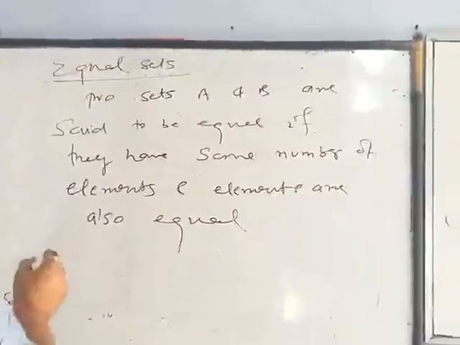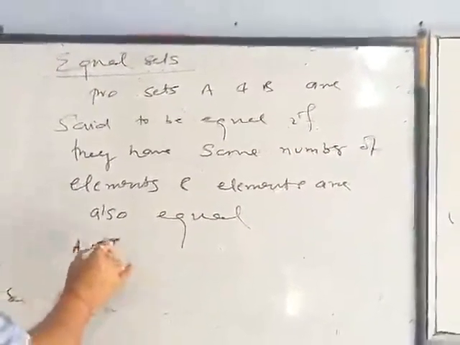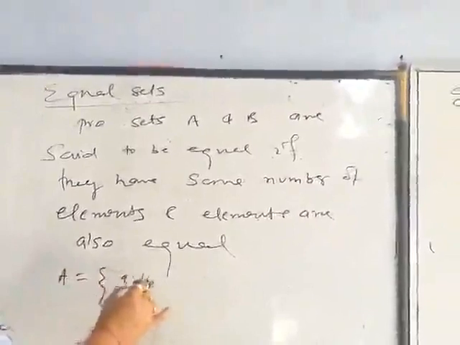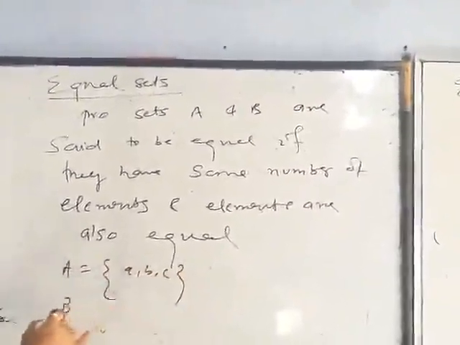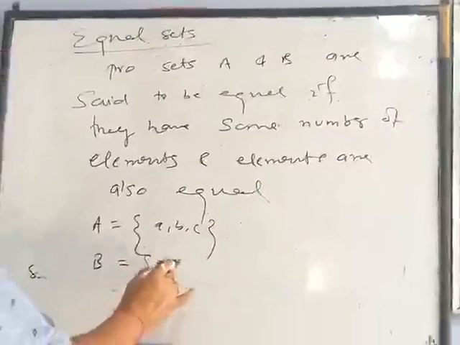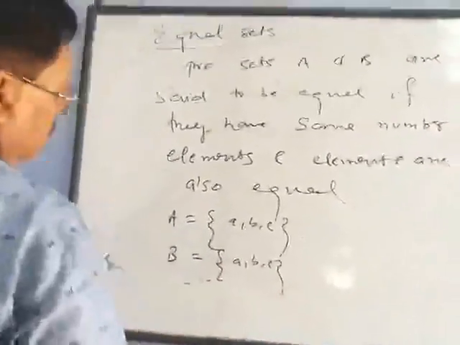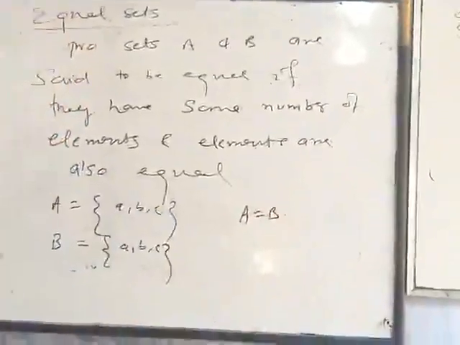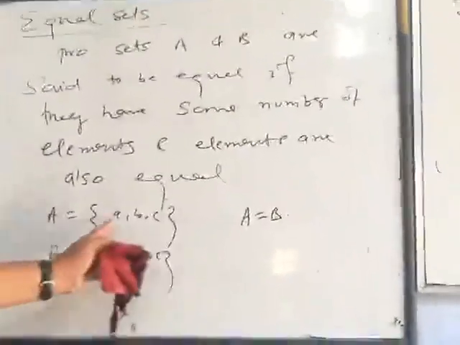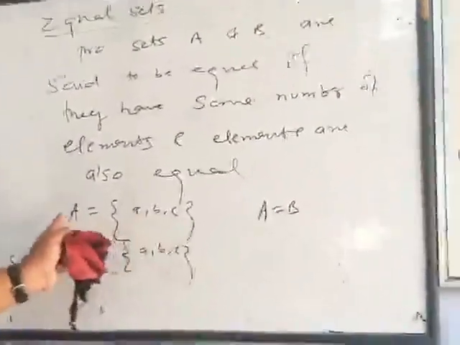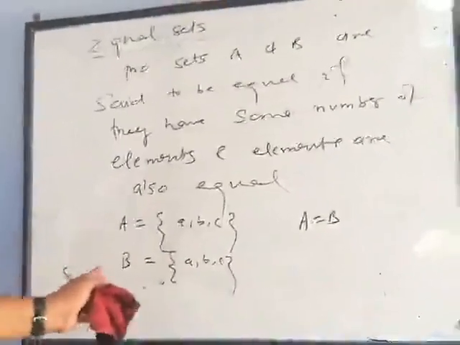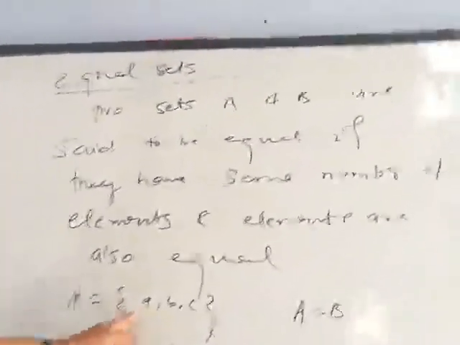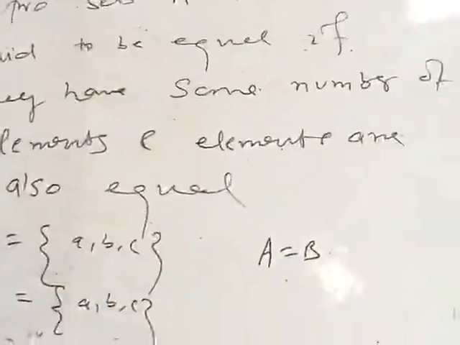As for example, A is a, b, c and B is a, b, c. So A is equal to B. A and B are equal sets here. Both have the same number of elements. It has 3 elements, it has also 3 elements, and corresponding elements are the same. So this is the equal set.